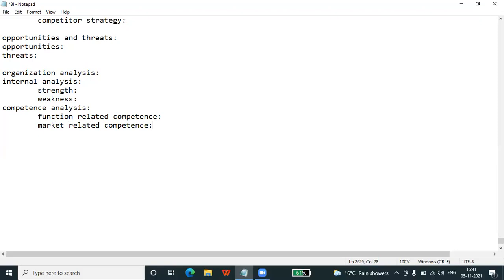Function related competence: the Alex Systems provides system functionalities that fit small business. Market related competence: Alex Systems has the opportunity to focus on a part of the market which is ignored.